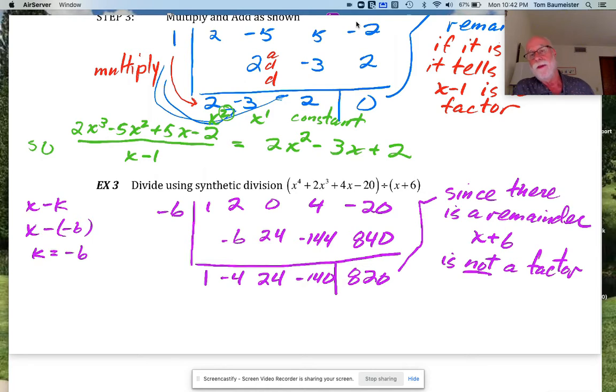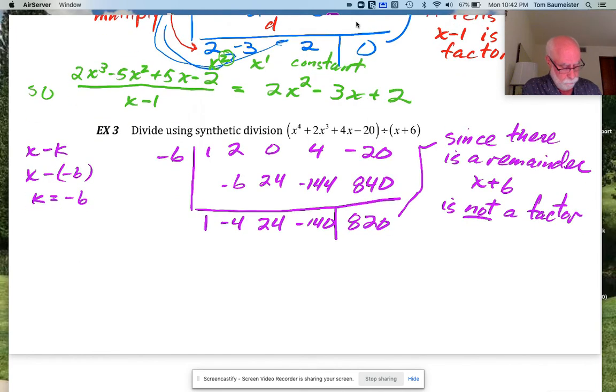Remember, when we can factor it, then that helps us find our zeros. Okay? So on this one here, then we're going to just say it is equal to, again, same kind of thing. This is our remainder. Here's our constant term.